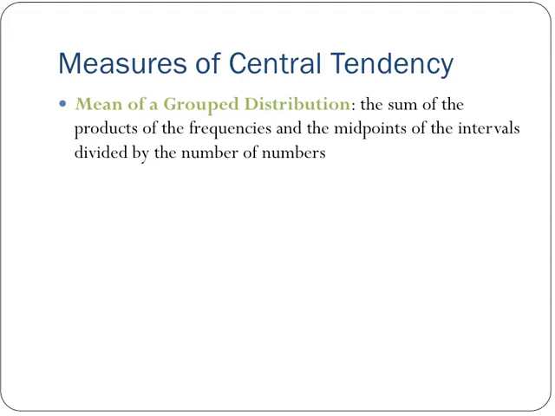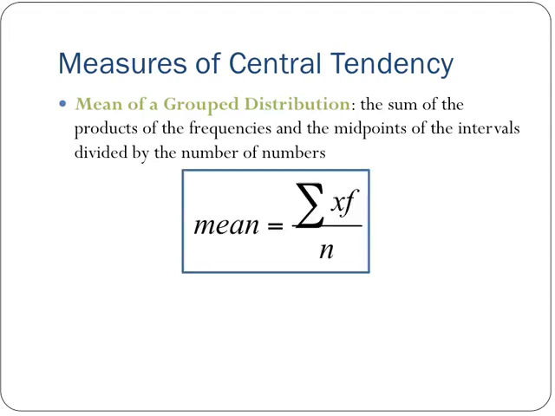So the mean of a grouped distribution is the sum of the products of the frequencies and the midpoints of the intervals divided by the number of numbers, or the number of data points. In terms of writing this out, the mean of a grouped distribution is equal to the sum of x times f.